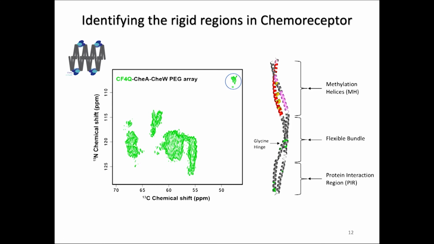Another important thing is that this glycine hinge region is where a lot of cryo-EM studies have shown that the receptor starts splaying. So the very fact that we are seeing these peaks in our spectrum shows us that probably not only are our calculations right, but our hypothesis with the rigid region being in the protein interaction region might also be right.